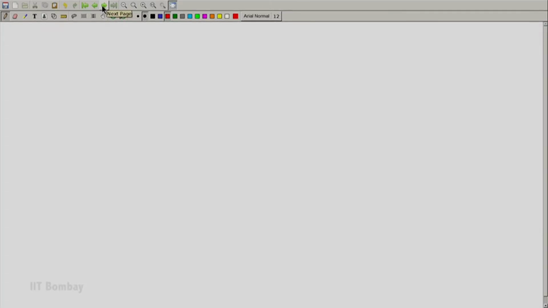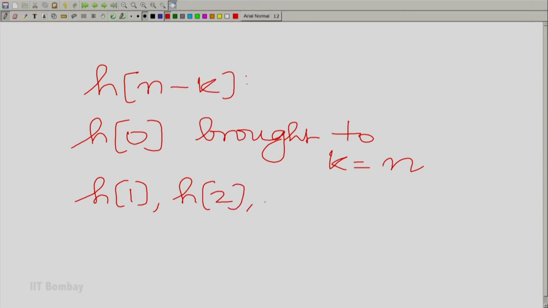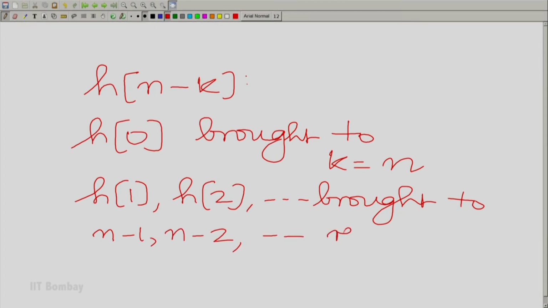So, let us summarize this. Essentially what we are saying is h of n minus k is essentially h0 brought to n, h1, h2 and so on brought to n minus 1, n minus 2 and so on respectively.